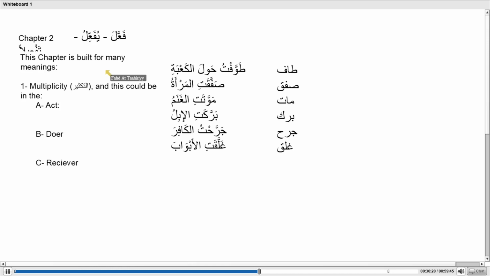How many times? كيف؟ From the aspect of who did it, from the aspect of the one doing it, how many are they doing tawaf?